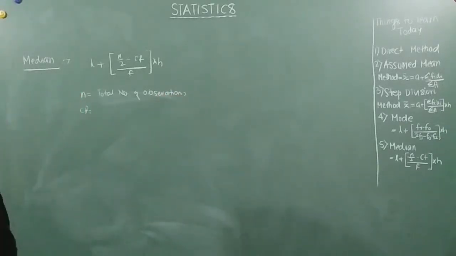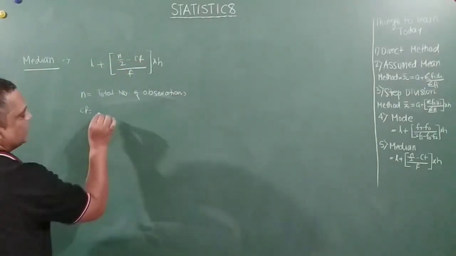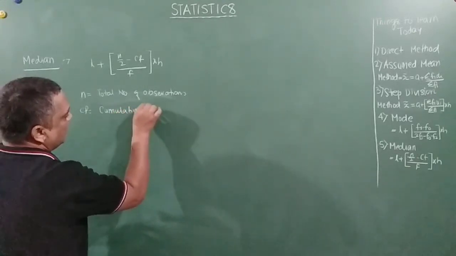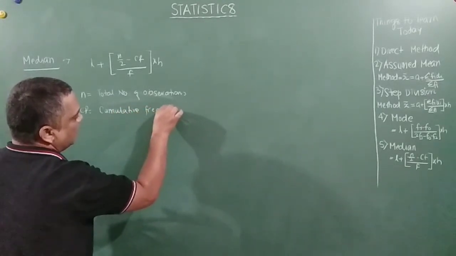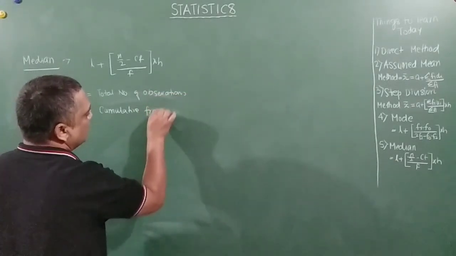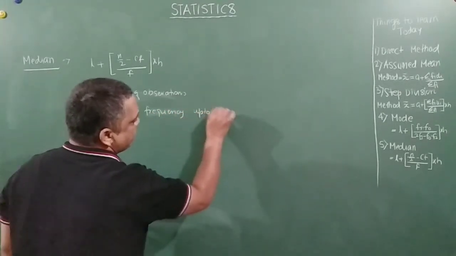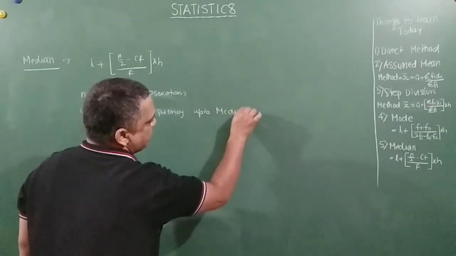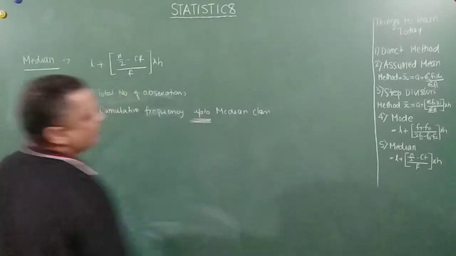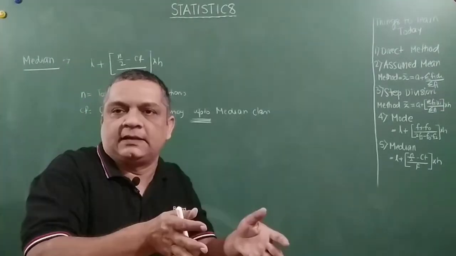And what is CF? CF is nothing but the cumulative frequency up to the median class.